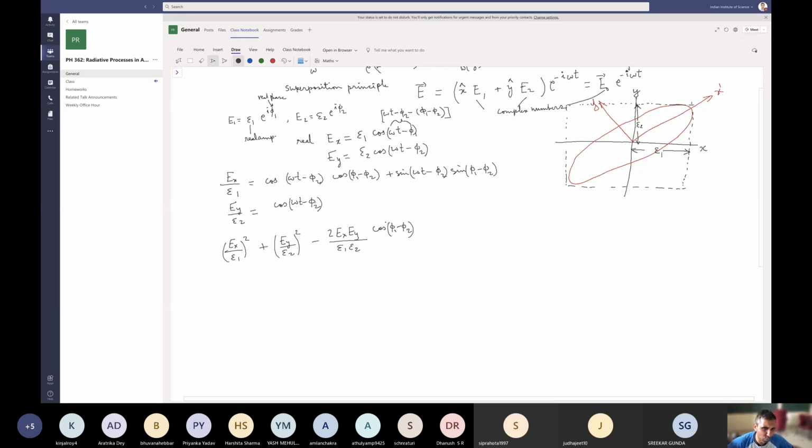So basically what I'm doing is I can substitute this as Ey by epsilon 2, and I can substitute for this as 1 minus Ey squared by epsilon 2 squared. Right. If I do that and manipulate it, I get this equation.